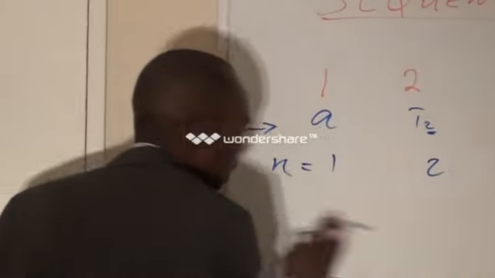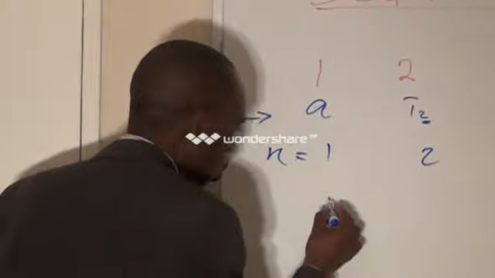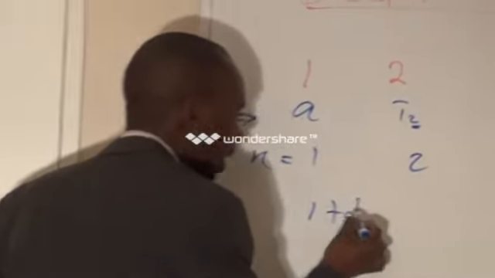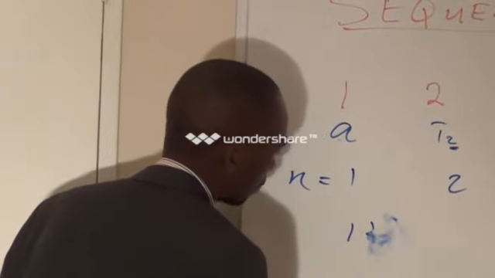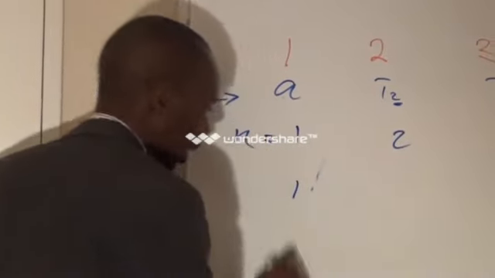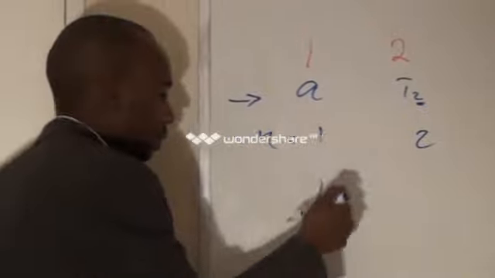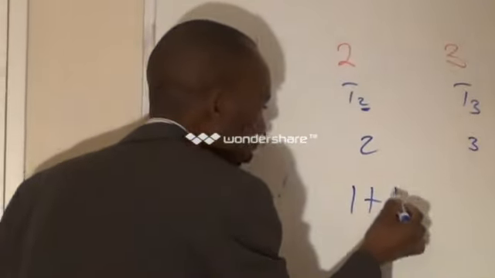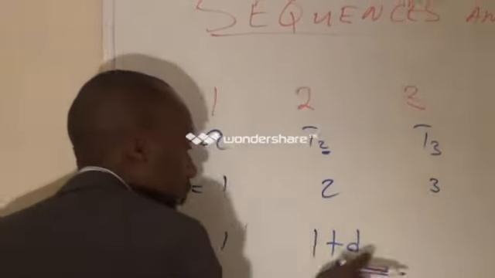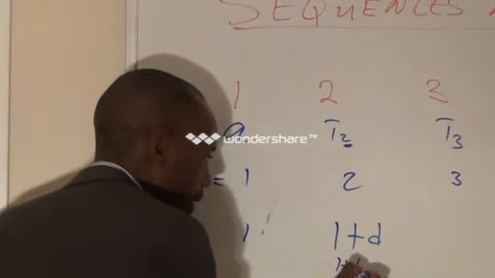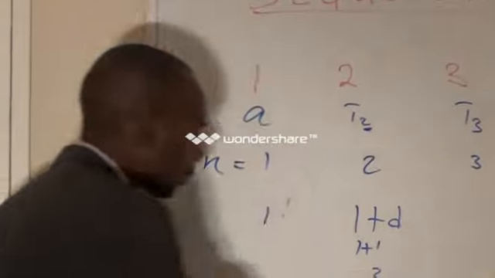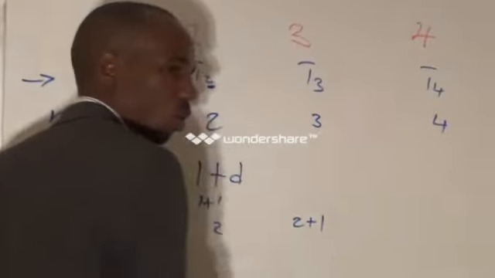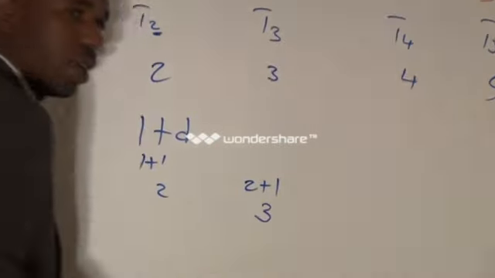So, if you're going to give me a first term 1, for me to get the next term, I'll need to add that common difference. So if I start with 1, which is your A, for me to get the next term, I'll need to add that common difference, which is 1. In this case, 1 plus 1, and you get 2. After I've got this, I'll need to add 1, and I get 3.